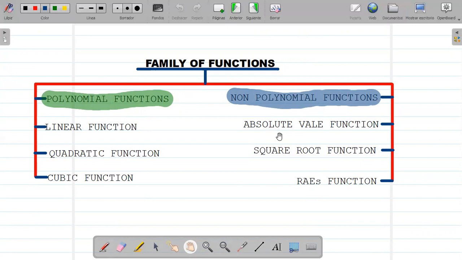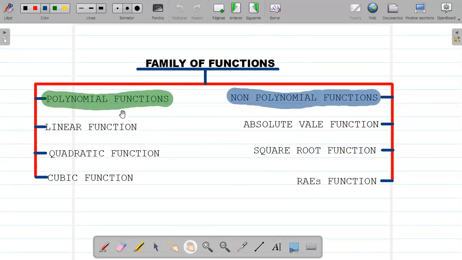In this case, the absolute value function, the square root function, and the rational algebraic expressions function, or the reciprocal function, like some books call it. So we will concentrate on each of these, and we're going to start with the polynomial functions. Then we will concentrate on the non-polynomial functions.